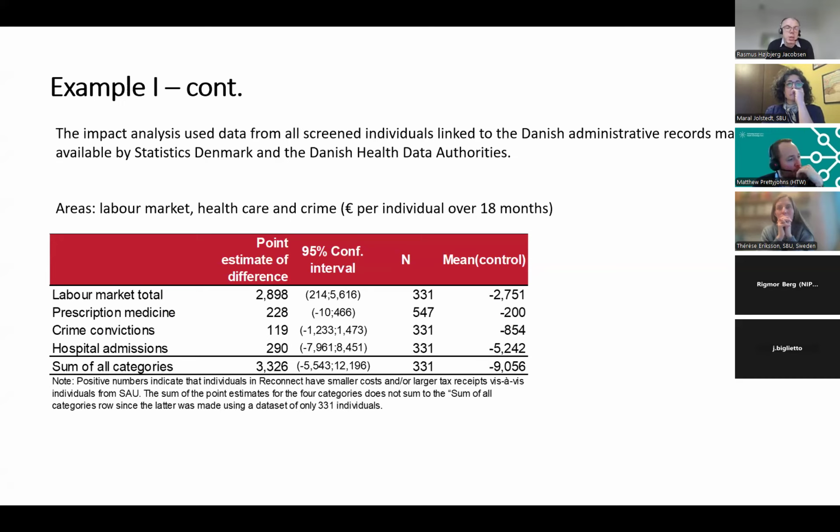That is the total of extra tax receipts and less outlays in income replacement transfer, and that is almost 3,000 euros per individual. The others are much smaller, as you can see. If we look at the 95% confidence interval, we can see that only the labor market is statistically significant. So the others are not significant.